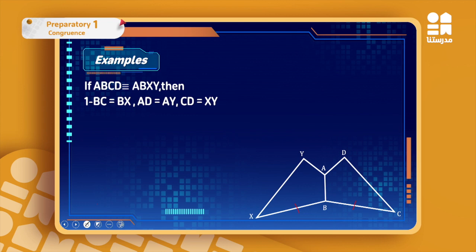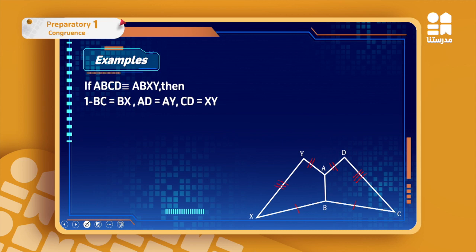Then AD, let's put 2 dashes now for AD. Where is AD? Here we have AD is equal to AY. Then CD, 3 dashes, is equal to XY.